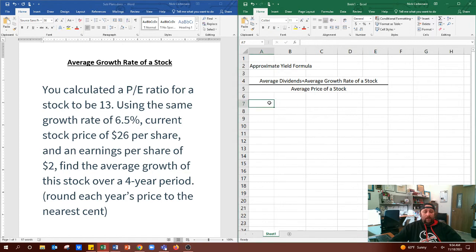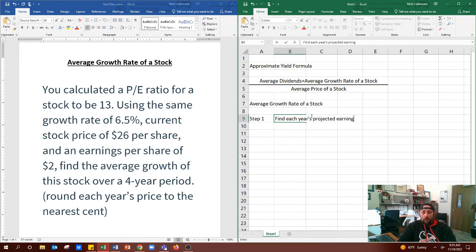So the first step that we have to go through in calculating the average growth rate, step number 1, is to find each year's projected earnings.